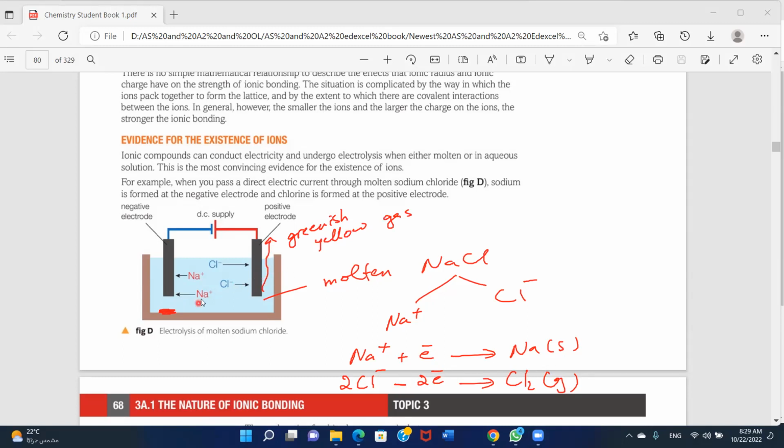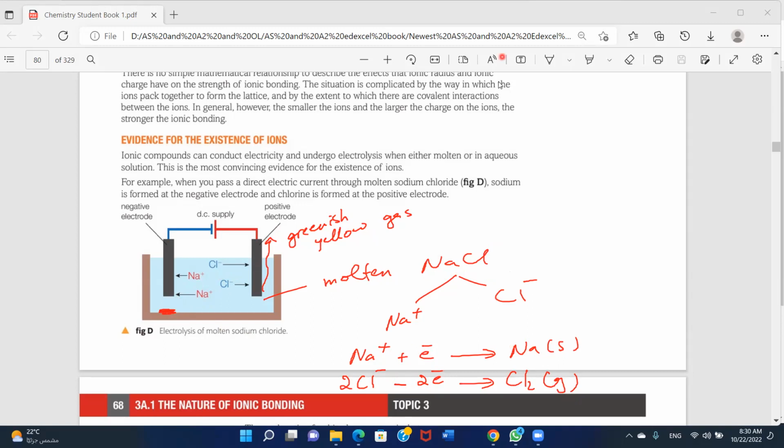And this will prove that sodium chloride is present in the form of ions, because if it was not present in the form of ions, the sodium would not be deposited on the negative electrode and the chlorine gas would not be formed. But they were formed because one of them gained electrons and the other lost electrons, and they formed these products. So this is evidence that in ionic compounds, we have ions.